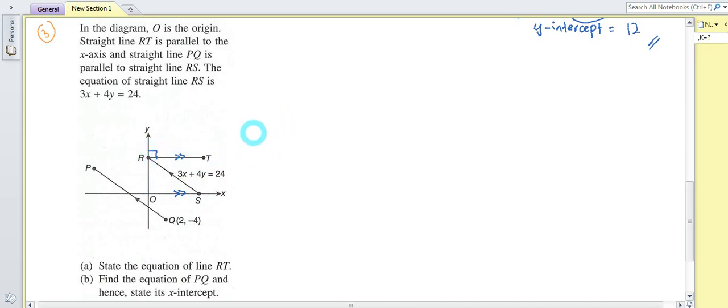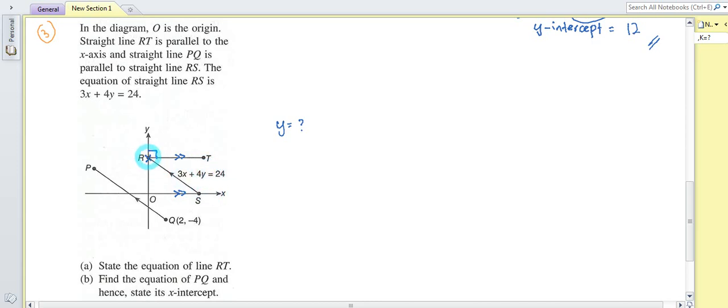So RT, the coordinate for y is always the same for the points on this straight line because it goes horizontally like this, right? So the equation will be in this form: y equal to what? So that means we need to find the coordinate for R. If I have the value here, then I will know the equation for RT.